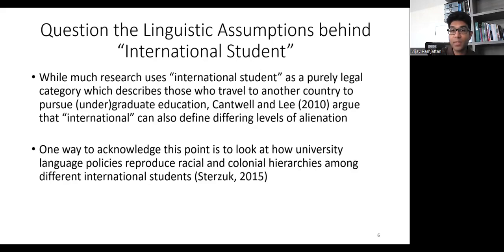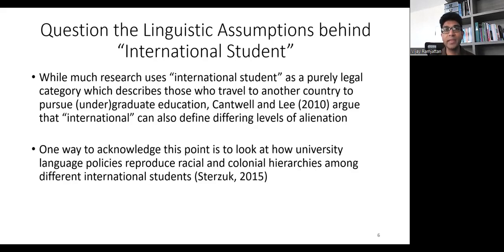So in policies outlining exemptions from proving proficiency in English to attend Canadian universities, for example, there is a general tendency to exempt students from imperial centers like the UK and US, while requiring students from such countries as India and the Philippines to prove their proficiency, even when histories of British and US colonialism have made them highly proficient in the language. So these policies make some students, quote, "more international" to certain universities than others in terms of having to legitimate their variety of English.